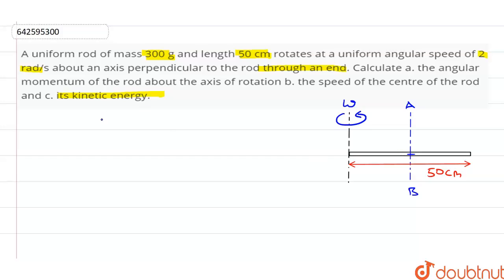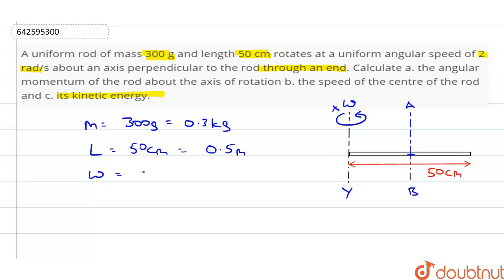We are given mass M is equal to 300 grams or 0.3 kg. The length L is equal to 50 centimeter or 0.5 meter, and omega, the angular velocity about axis, let's call it xy, is equal to 2 radian per second.